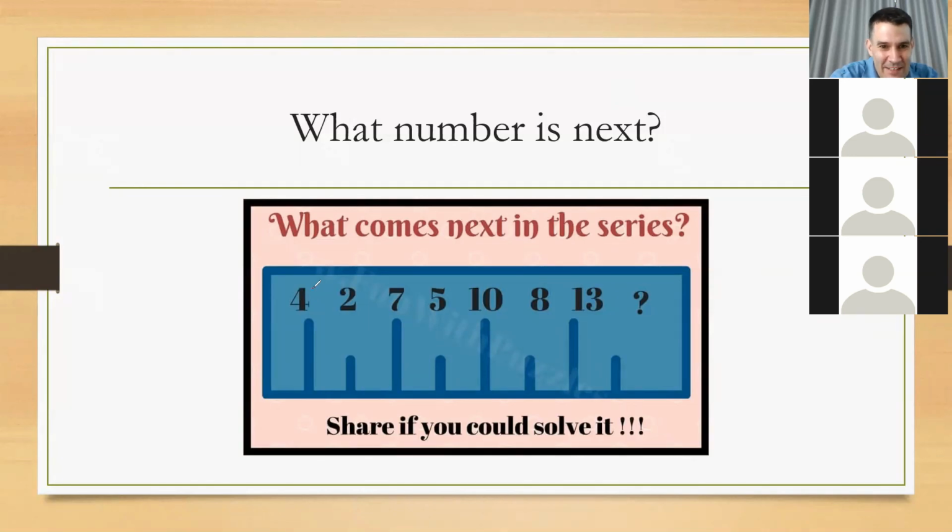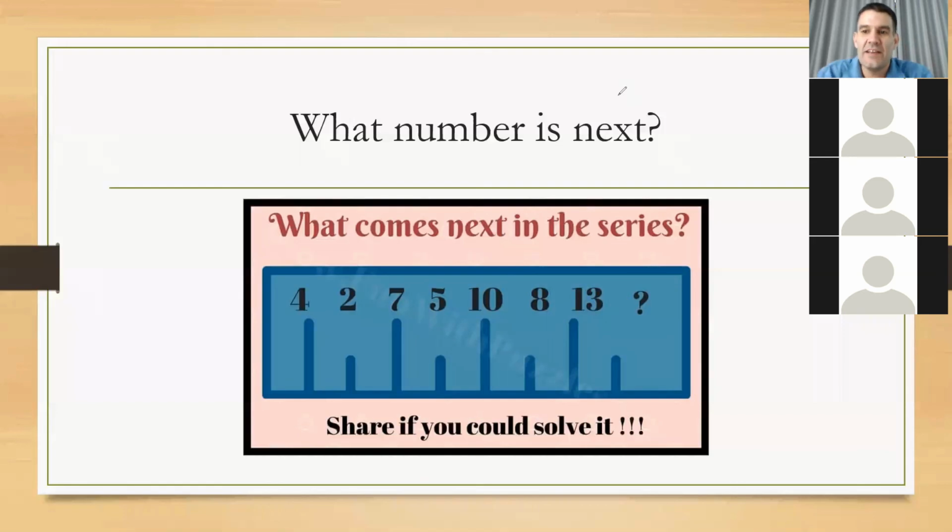So first it is -2, then +5, -2, +5. So this will be -2, which is 11. You guys are good at this.